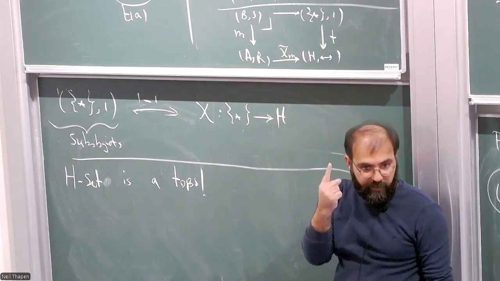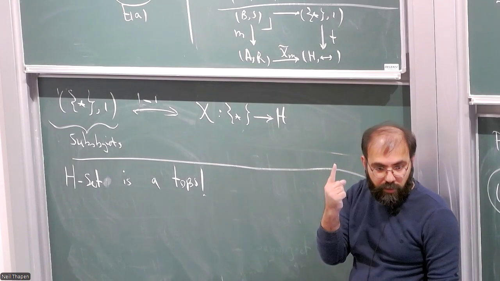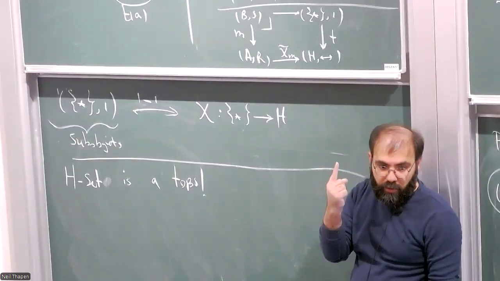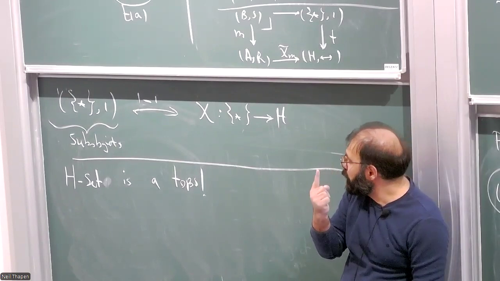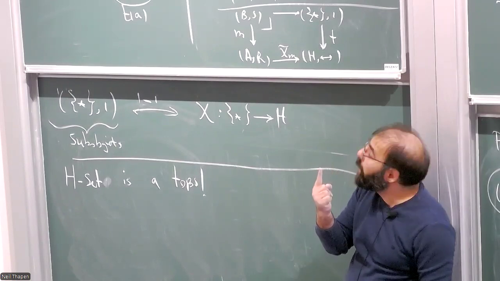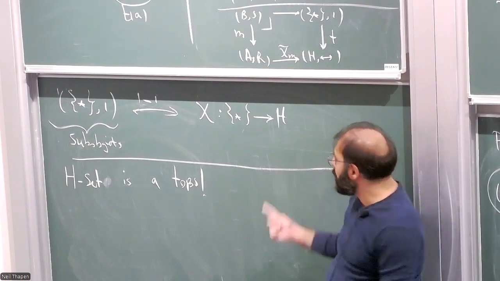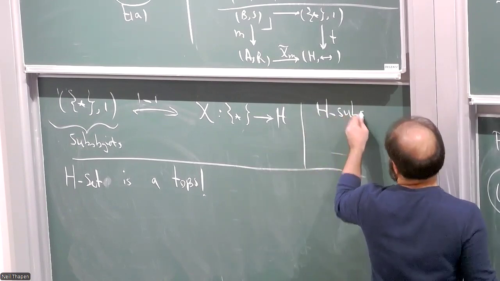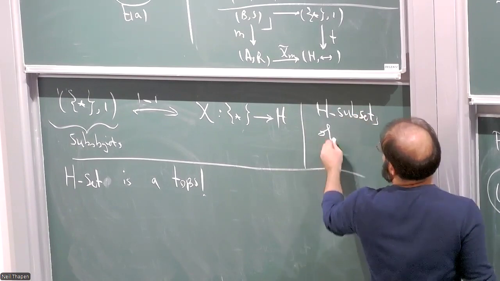It is just one element in H, right? So on the left you have subobjects, and on the right it's H subsets of this.